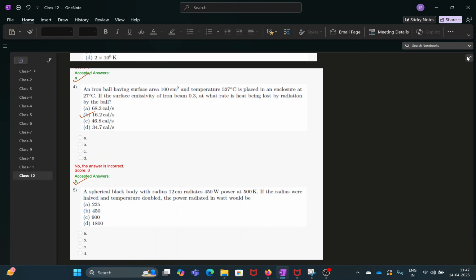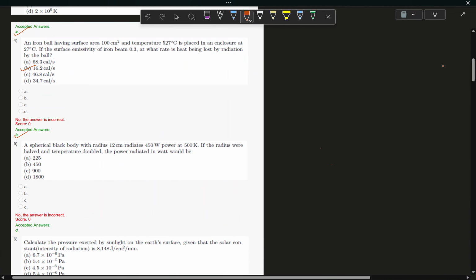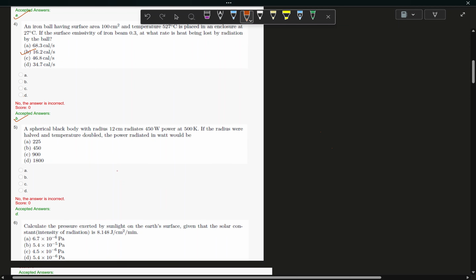Okay, so now we look at question number 5, which is about a spherical black body with radius 12 centimeter. A spherical black body with radius 12 centimeter radiates 450 watt power at 500 Kelvin. If the radius were halved and temperature doubled, then the power radiated in watt will be what?